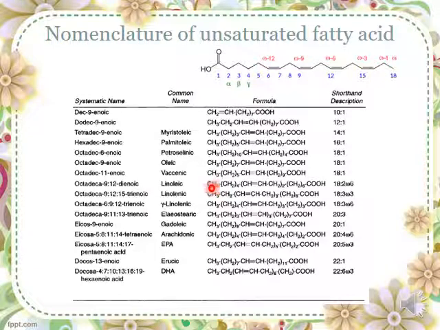If you look here, it is CH3, CH2, 4, followed by CH double bond CH, CH2. The same goes for linolenic also, CH3, CH2, 4, CH double bond CH, CH2. So the pattern is the same. So omega 6 means here the position of the first double bond is at omega 6.